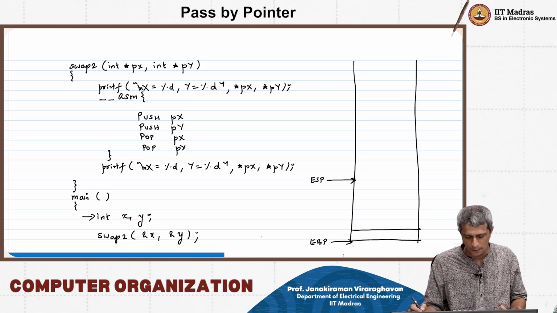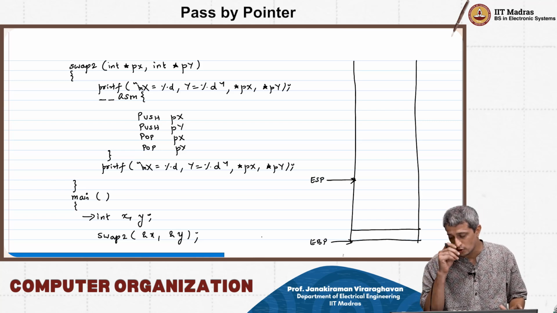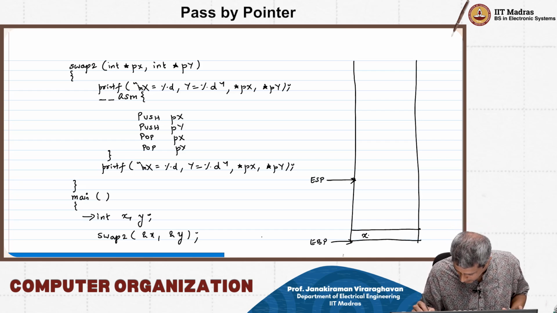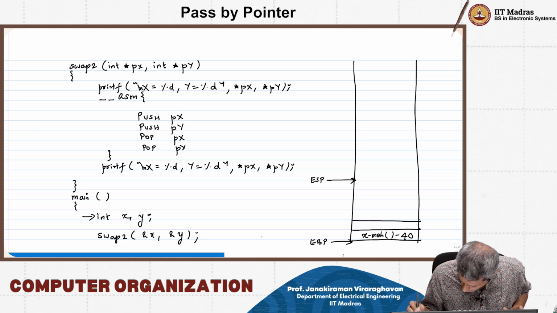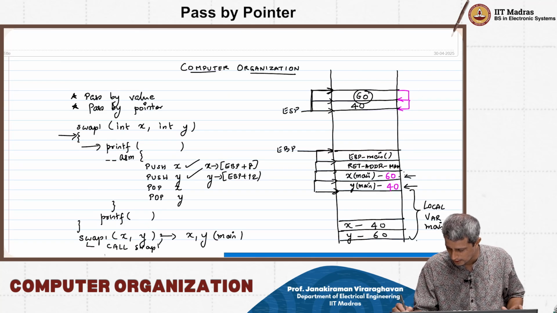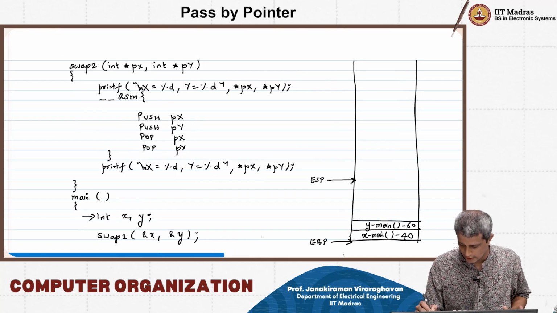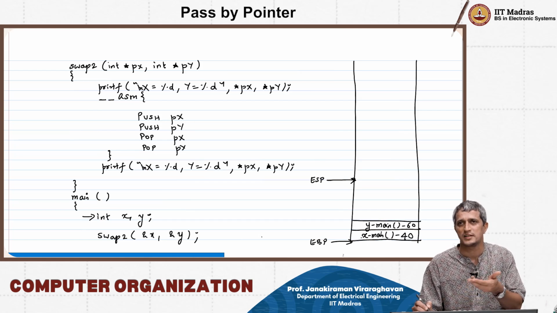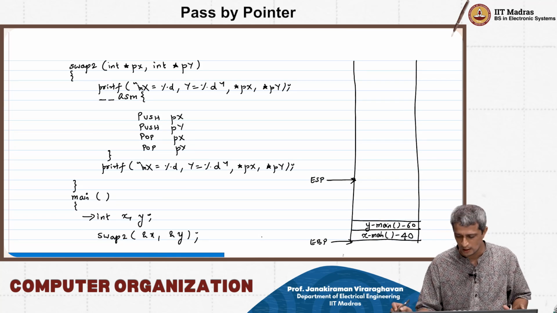So EBP is pointing to this location, and what you basically have is, this is my main, and this value is 40. Okay, and I am going to say this is y in main, this is 60, right. I think this is how I did it, right. So therefore EBP minus 4 is basically going to be x and EBP minus 8 is going to be y. Okay, this is how it is.